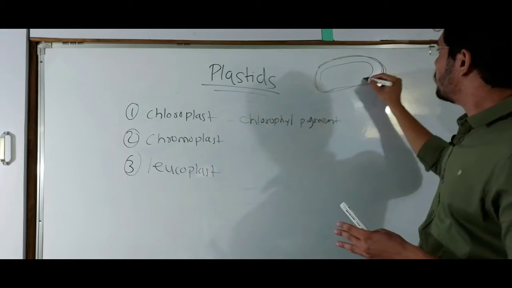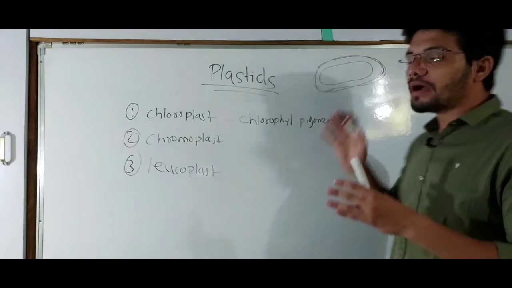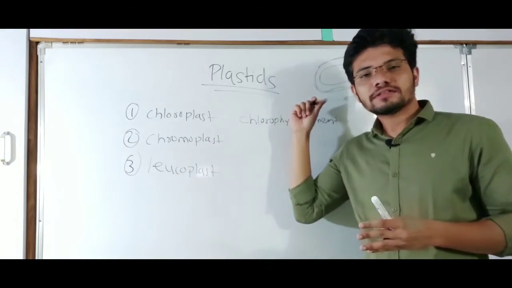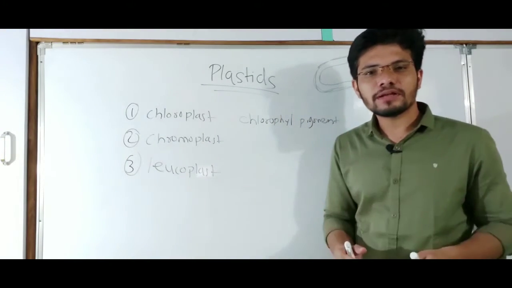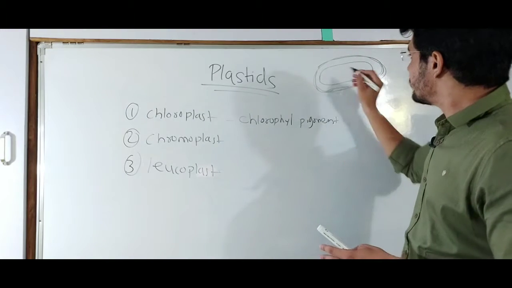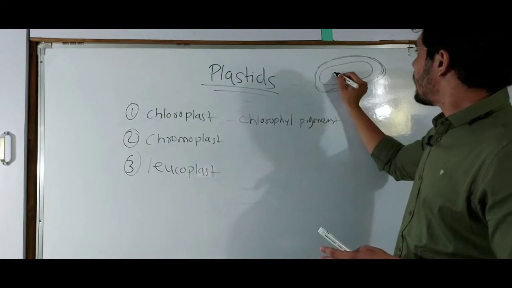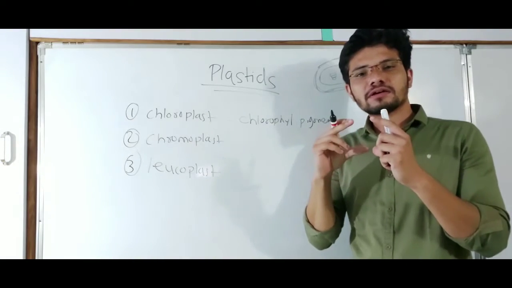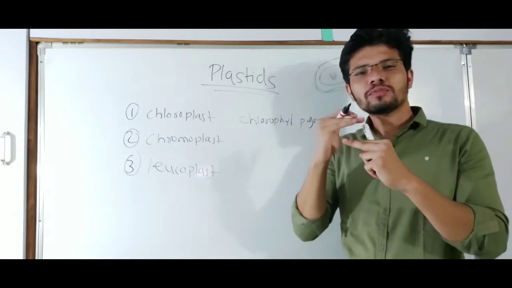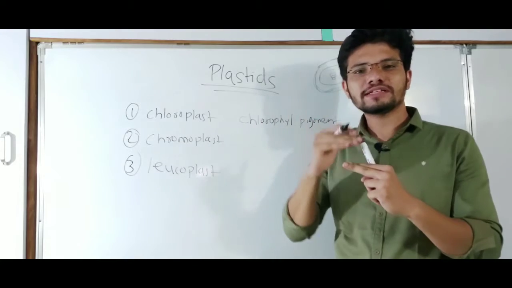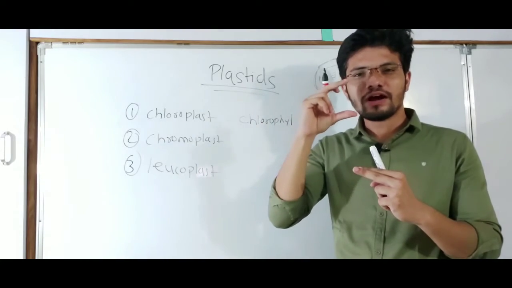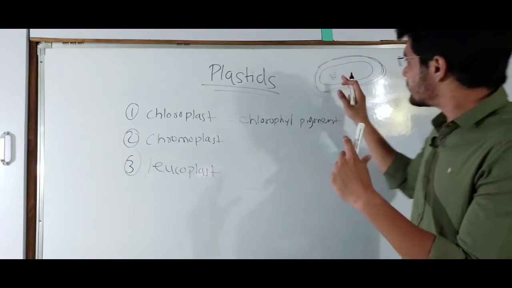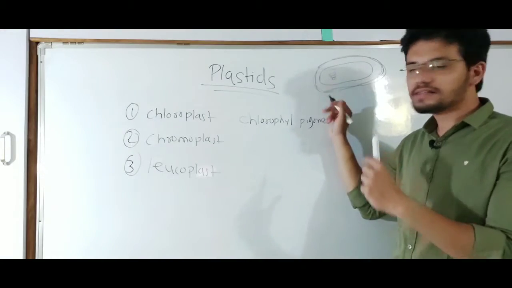Like mitochondria, as we have studied, the chloroplast also contains this double layer. Inside the chloroplast there are coin like stacks, as if many coins are placed one over each other, and this stack of coin like structures is called a granum.